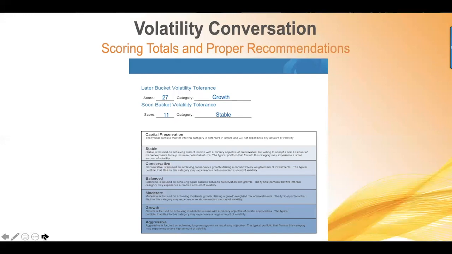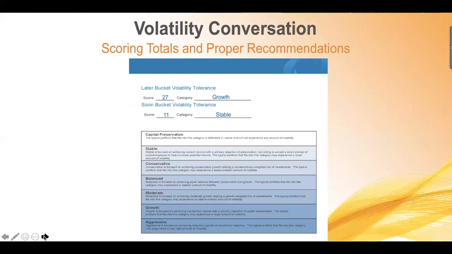The typical portfolio that fits into this category may experience a large amount of volatility. Remember, this is our later bucket. The more volatility, the better return we're typically going to have over a period of time. So does that sound pretty accurate, the growth of the later bucket, of how we'd want the money invested and be comfortable?